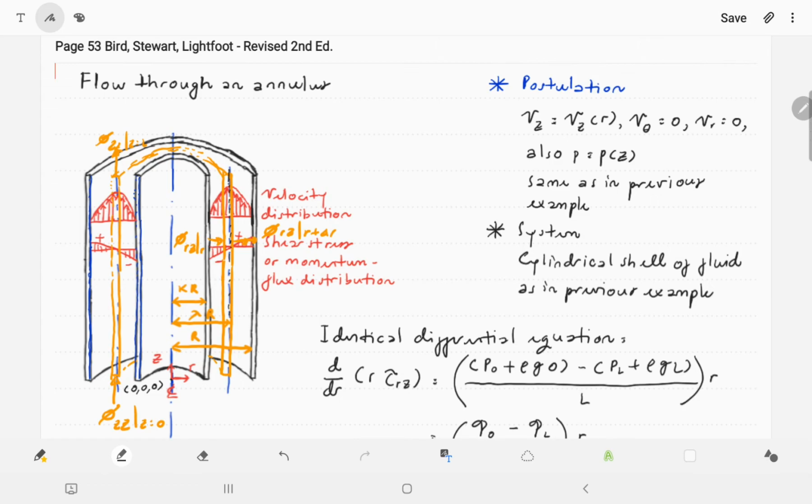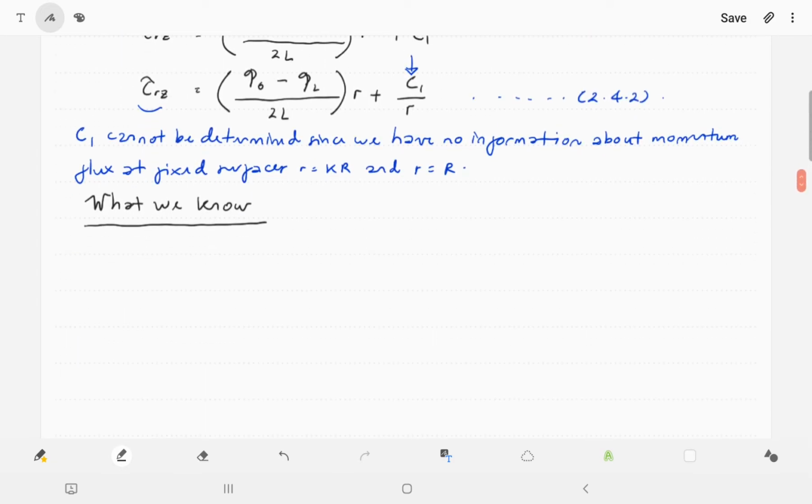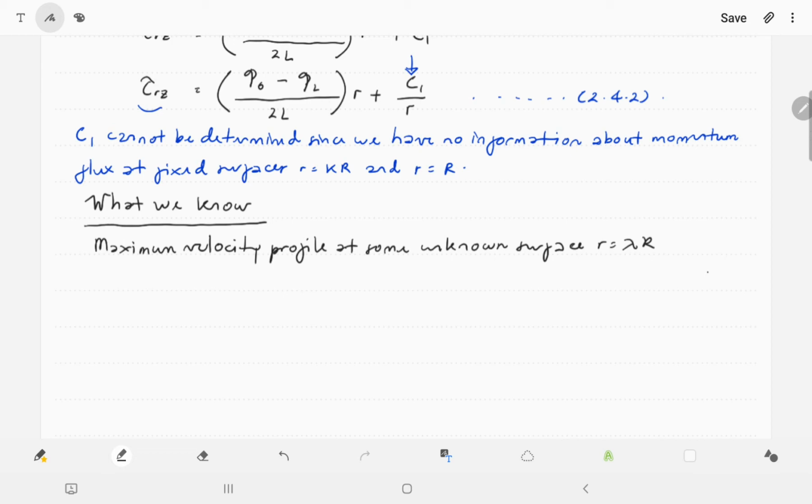This one we define, when the velocity becomes maximum, as a radius r equal lambda R. At the moment we don't have this information, but we can assume there will be a maximum velocity profile at some unknown surface with the radius r equal lambda R. So the surface will represent a cylindrical surface.